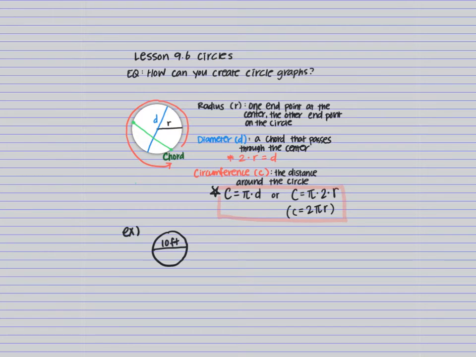It's a pretty big circle. So if we have a circle with a diameter of 10 feet, we can simply use the first equation, which is C equals pi times d, to find out the circumference.